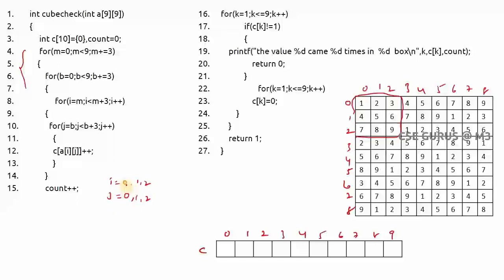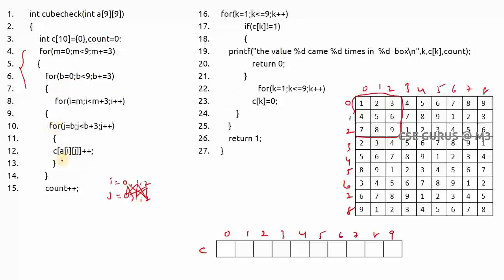So that means it takes 0 0, 0 1, 0 2, 1 0, 1 1, 1 2, 2 0, 2 1, 2 2. Is that right? So can I say this is the first cube you are getting, if I take m equals 0 and b equals 0.